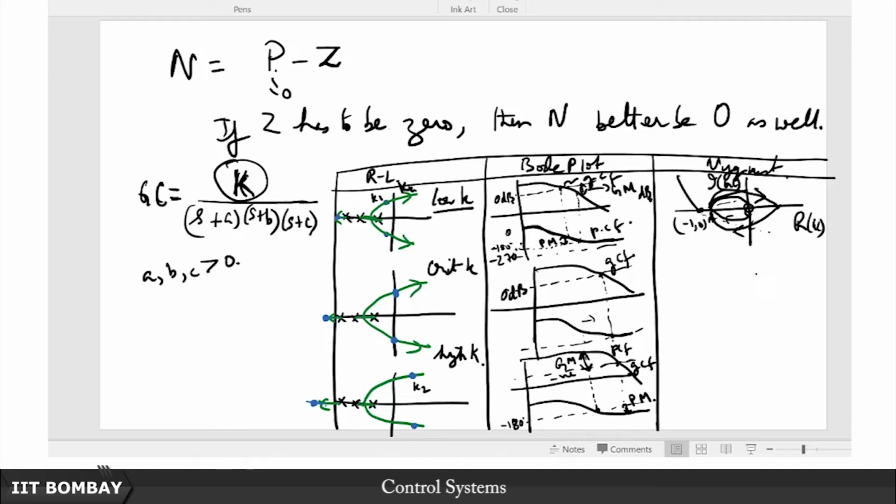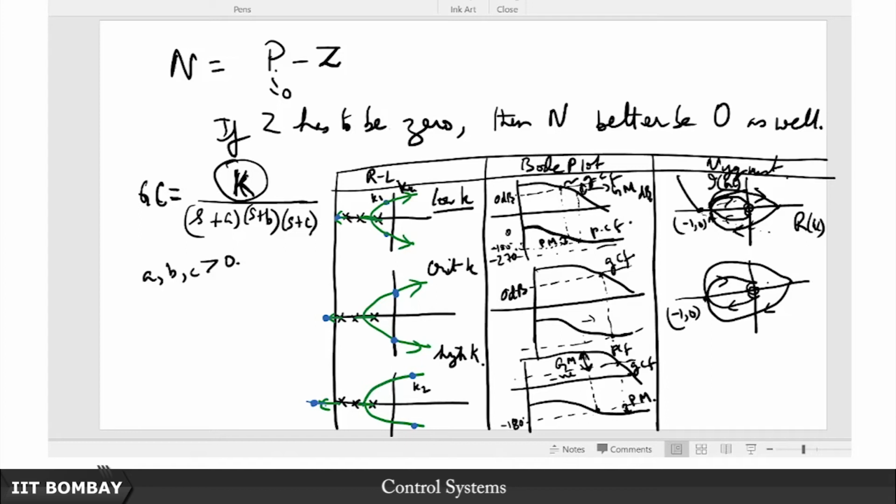What about this situation? This is a bit tricky, you do not know whether to include this or exclude this as stable, but that is always the case with marginally stable systems. Here you will see that this is going to intersect at exactly this point, -1, 0, the critical point.